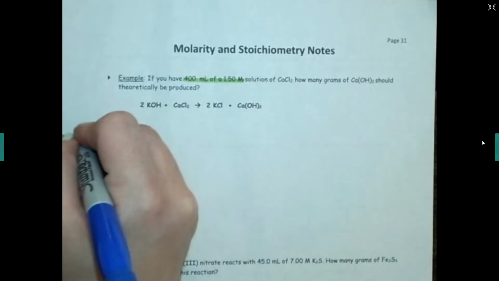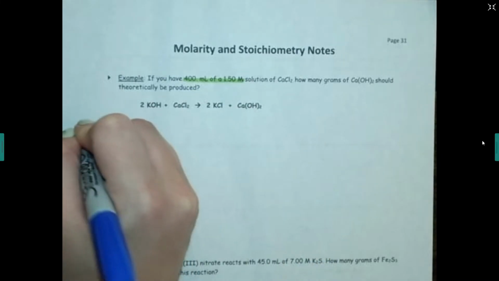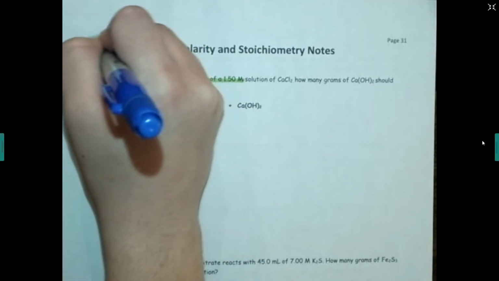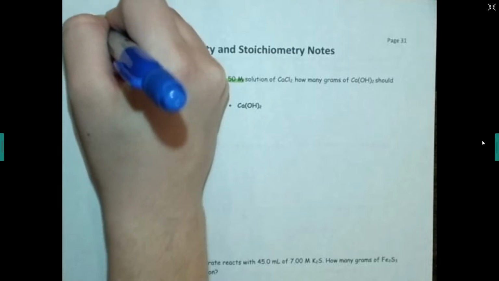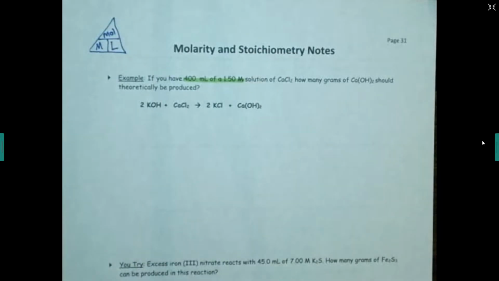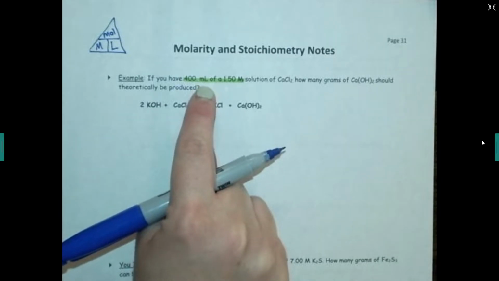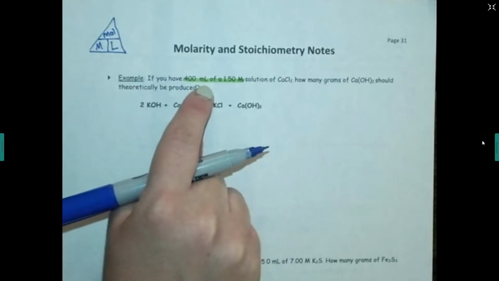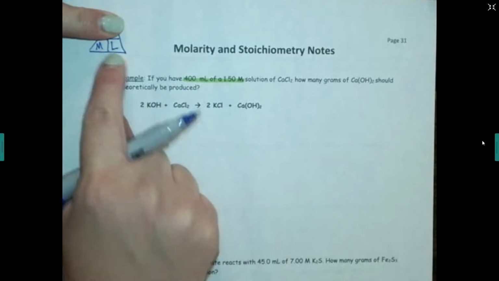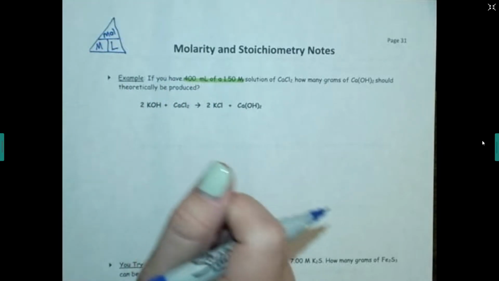If you remember from our notes last week, we had that triangle. Maybe I'll write it up here as a reminder, with moles on top, molarity here, and liters here. If I'm looking for moles, I cover moles with my finger, and I can do molarity times liters, and that will give me my moles.